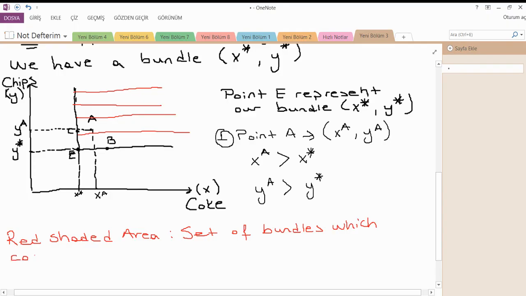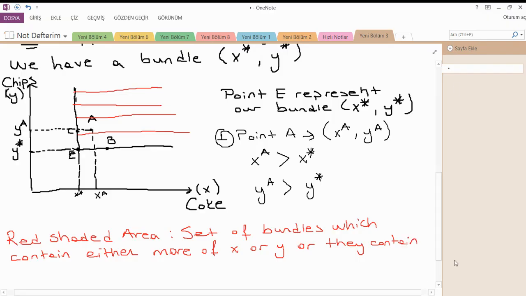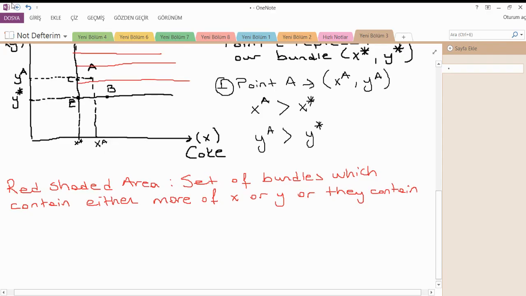contain either more of X or Y, or they contain more of both goods.